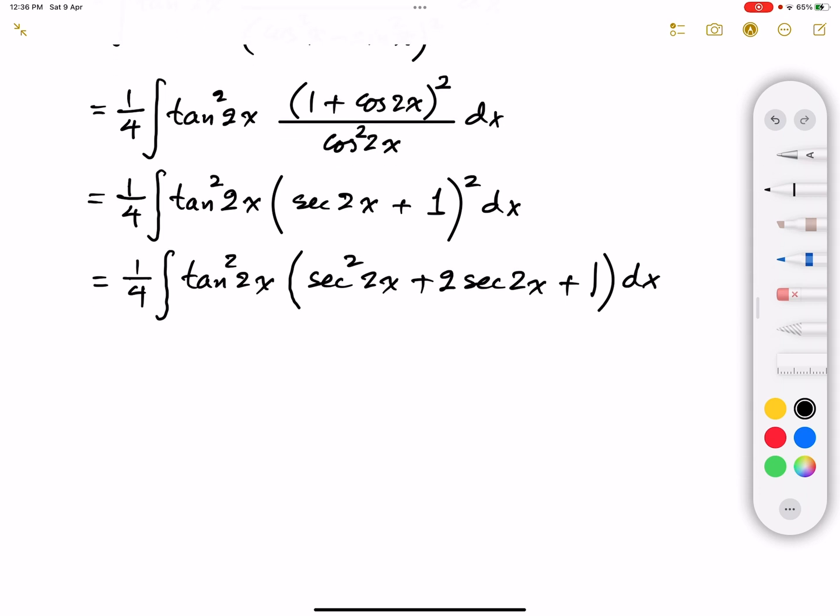Now we're going to distribute the tangent squared 2x over the second term.